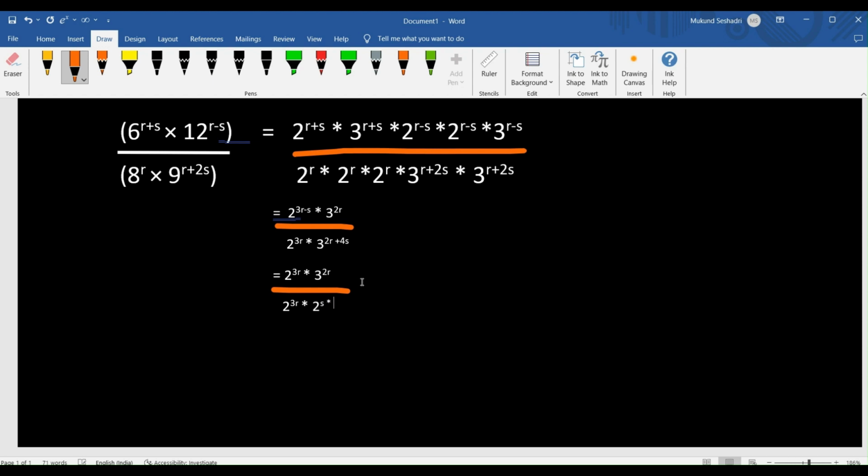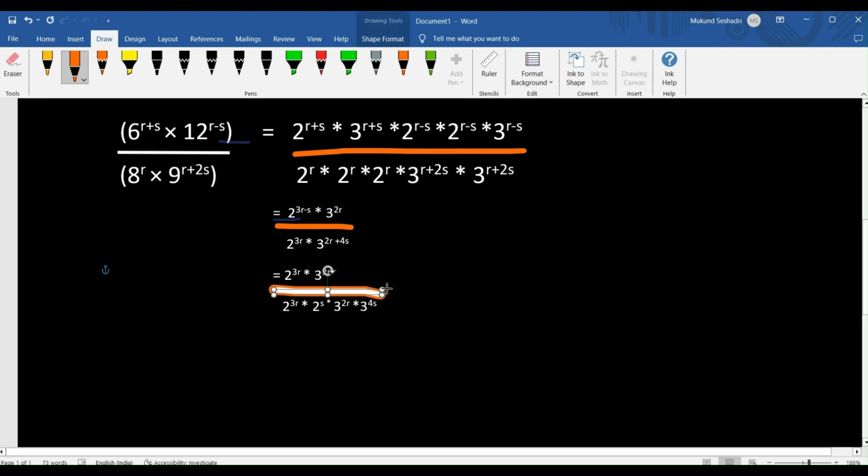And then 3 to the power 2r plus 4s, we rewrite that in a much simpler fashion so that we can cancel out the 3 to the power 2r expression into 3 to the power 4s, right? I hope you folks are with me.